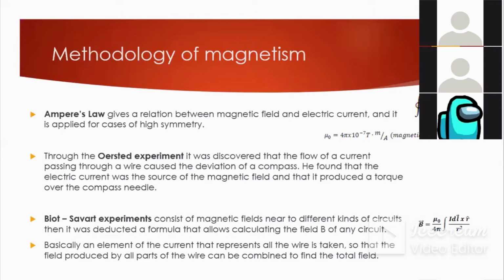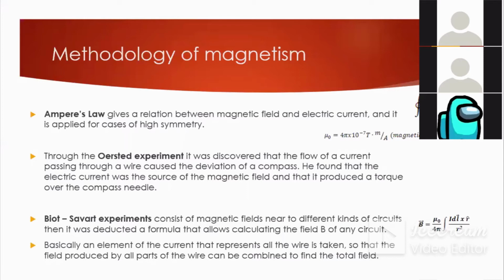And the mathematical expression is the integral of the magnetic field magnitude times the length of the wire, which will be equal to the permeability constant times the enclosed current.